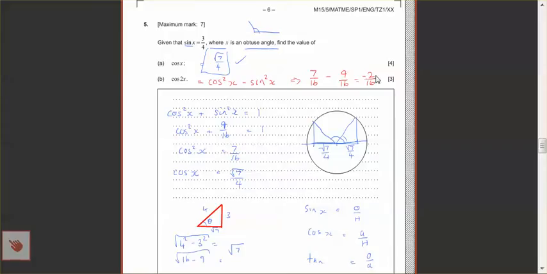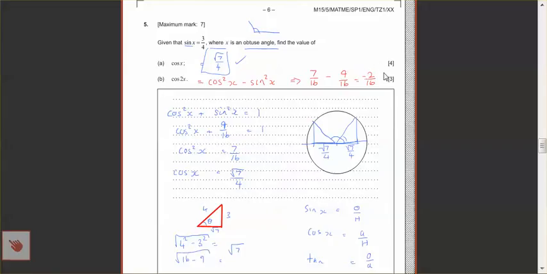So that would say cos of x, but this being 2x, would be adjacent over hypotenuse. If the adjacent is negative, then we have the angle that's obtuse. So remember, cos is adjacent over hypotenuse.